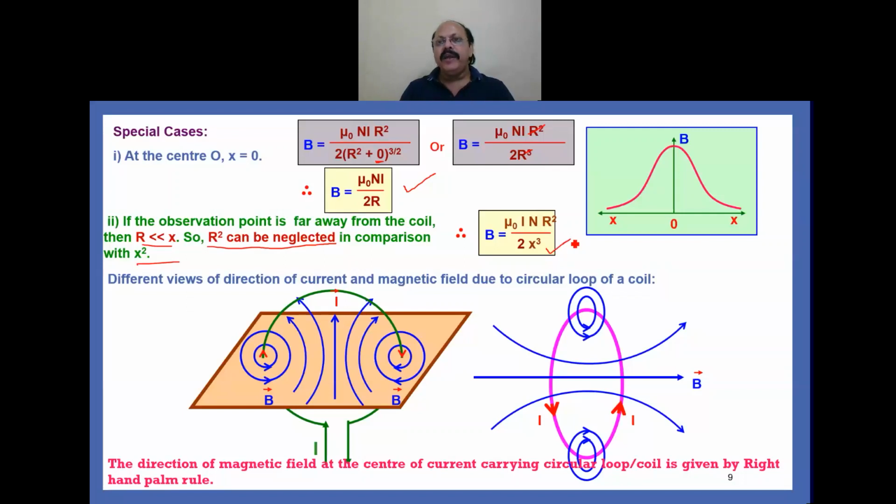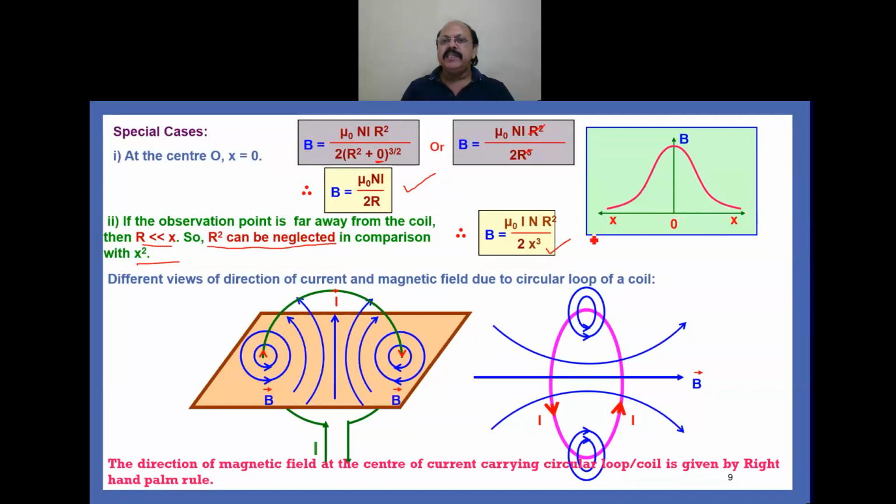Now we plot a graph that gives the variation of magnetic field with respect to the distance from the center of the current carrying circular loop. This is the center. So at the center you are getting magnetic field B equal to mu naught N I upon 2R. So as you move from the center of the current carrying circular loop, the magnetic field starts decreasing.